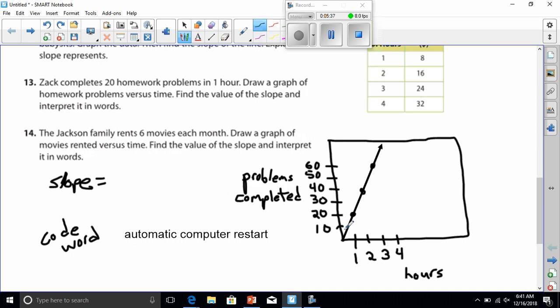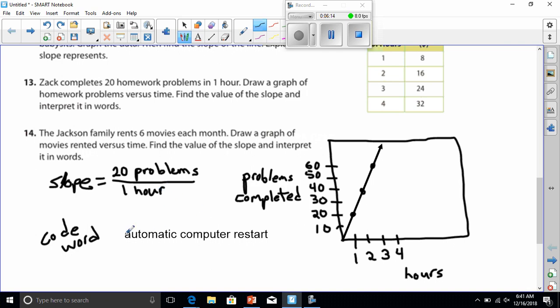After 3, he's at 60. And my line goes perfectly through. What this means, my slope, right, is 20 problems in 1 hour. Okay, and that would be my interpretation. Zach is able to complete 20 problems in 1 hour.